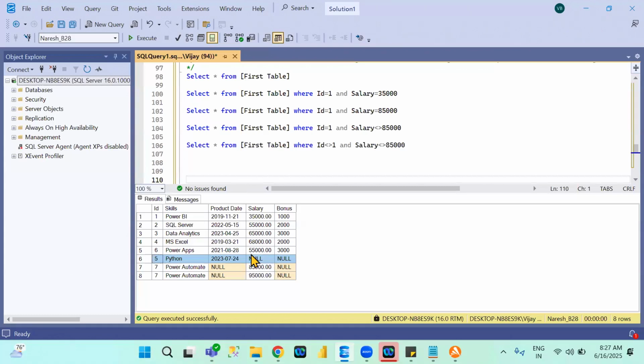Okay. See, this is not considered. Why? Because only when you write salary is null is that record considered. Don't think that if salary is not equal to 85,000, null means zero. No. If you are giving a value, if you are using is null, then only it will consider.